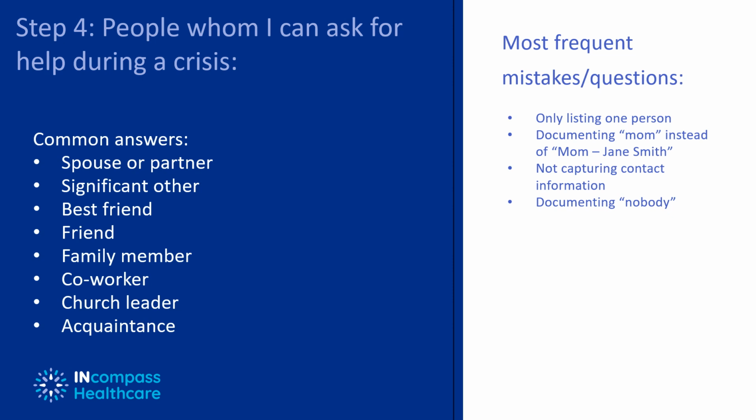And part of what we really want to do is get the client's investment in their plan. So asking them questions like, if you are going to utilize your friend or family member, do you have their contact information in your phone? Is it something you know by heart? Will you have access to your phone most of the time?